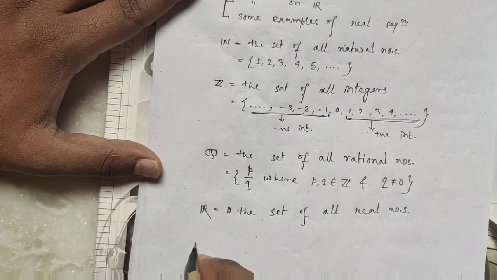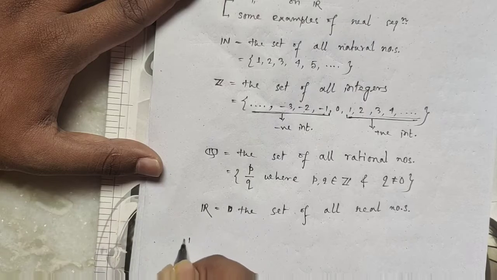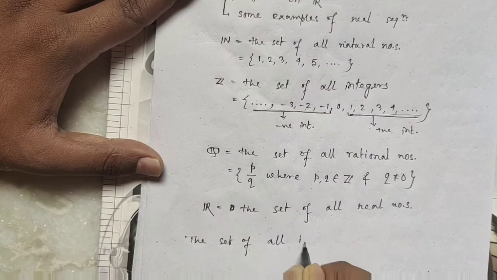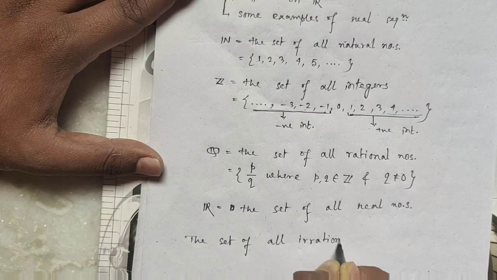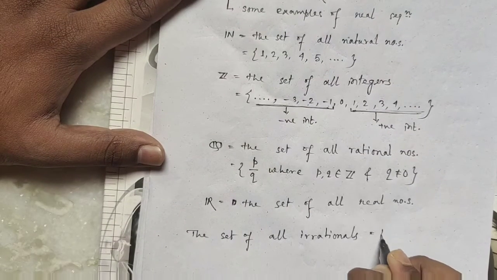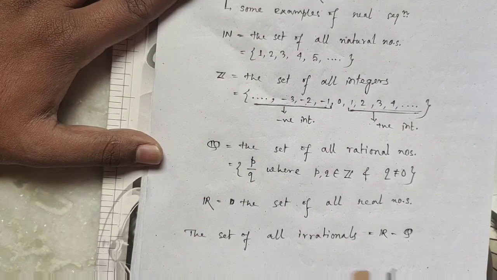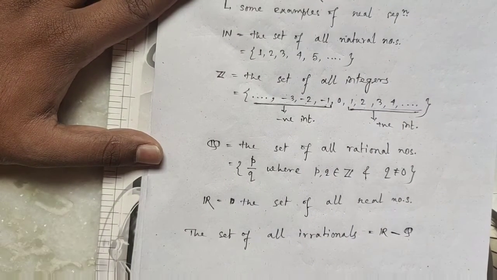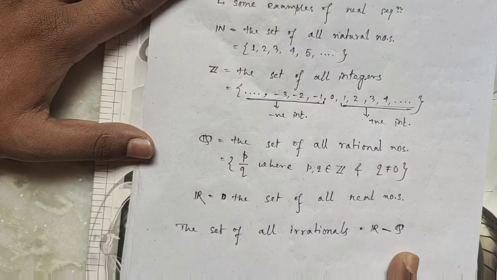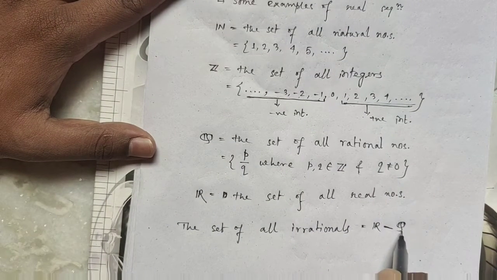The set of all irrationals has no specific notation, just write R minus Q. This is the difference of two sets, R minus Q, where Q is the set of all rational numbers.